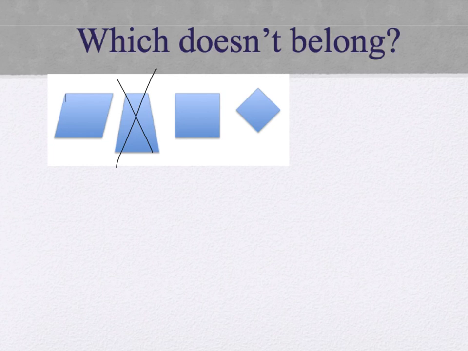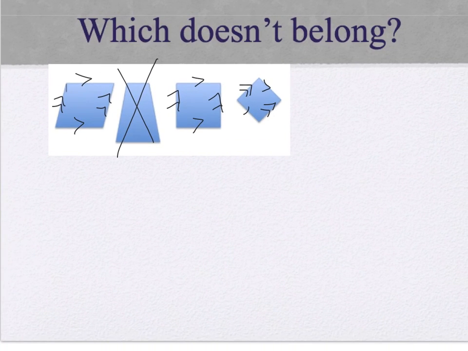Well, I think these shapes are sorted because they have 2 sets of parallel lines each. So this is a parallelogram, this one is a square, and this one is also a square. Each has 2 sets of parallel lines. As we all know, trapezoids only have 1 set of parallel lines, on the top and the bottom, so that means that this one does not belong here.